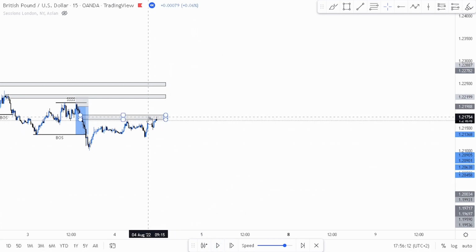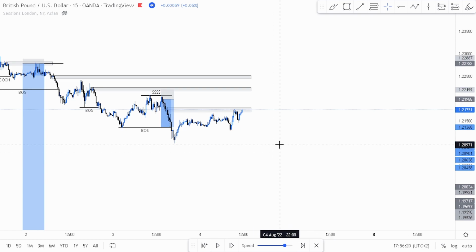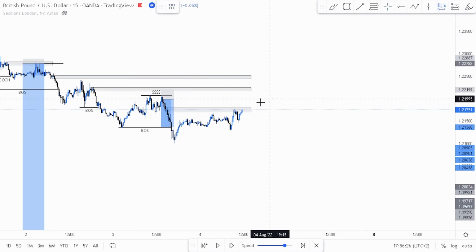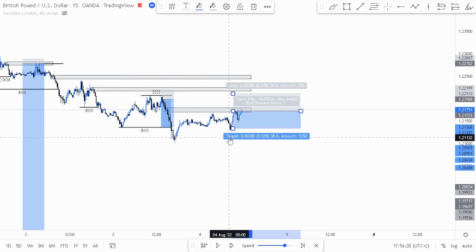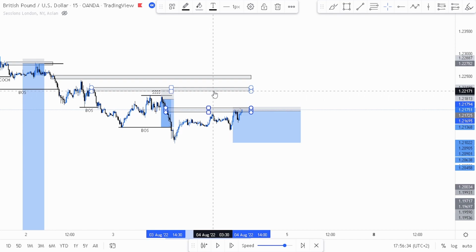People get triggered right in. Others entered here. Others entered right over here. And what people don't realize is that now they are the liquidity. So the people that entered right over here will continue and enter right over here, because they lack the understanding that right over here we have liquidity.